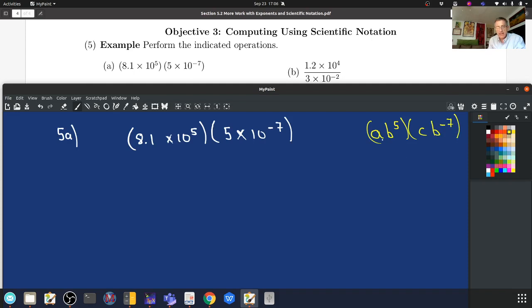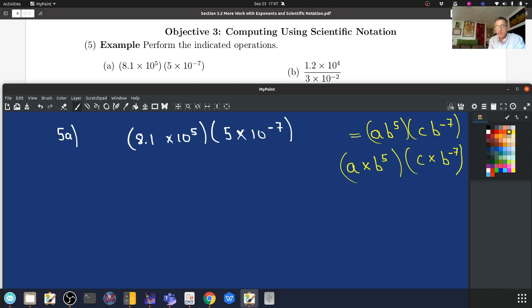Well, we could write this as x times b to the 5th, a times b to the 5th. We could write it using the x symbol, and it becomes that way.